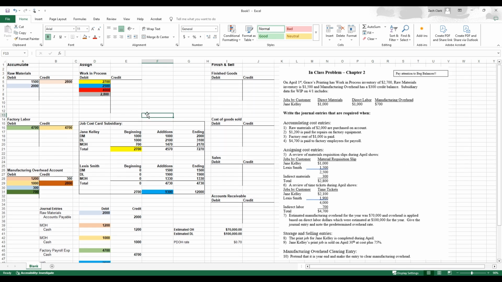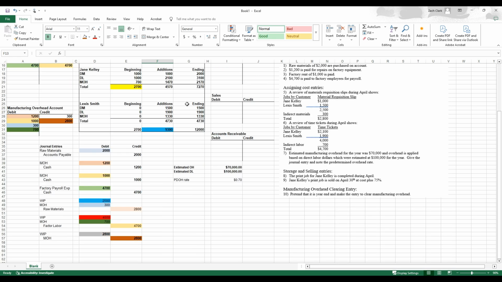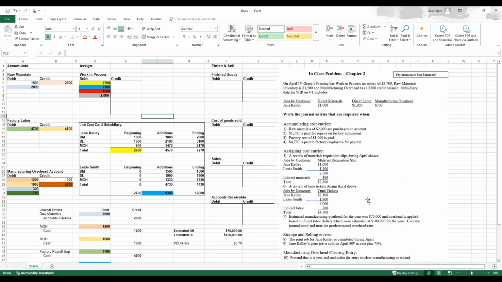Okay, so we're getting close to being done now. Let's see what's next. The print job for Jane Kelly is completed during April, so this job is done. So it's not going to be in work in progress. It's no longer in progress. Now it's done. And the total cost of that job, of the 12,000 that we note as the total debits, $7,270 is Jane Kelly's job.